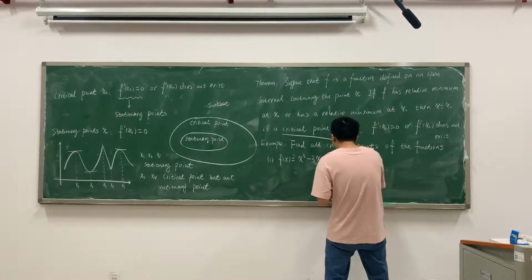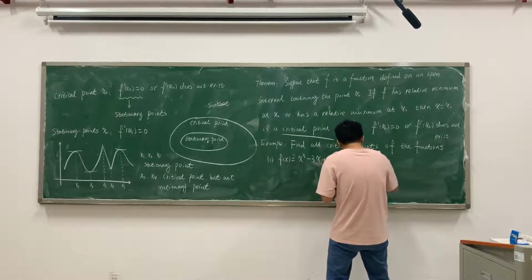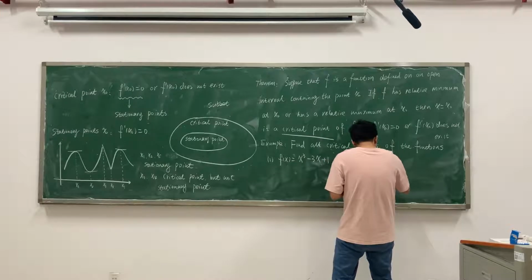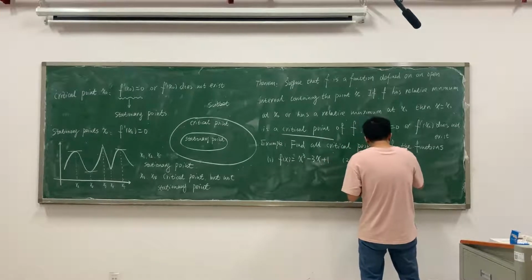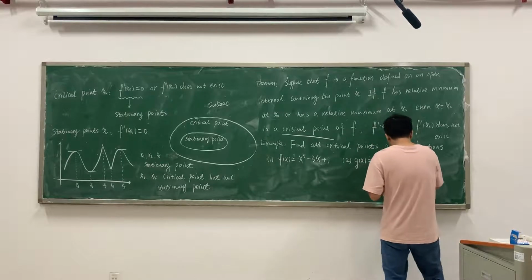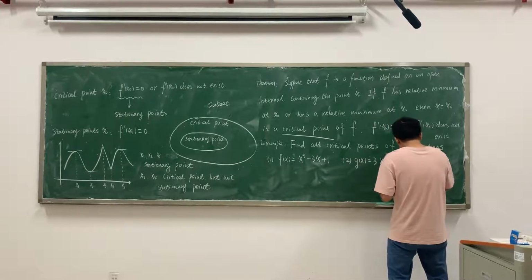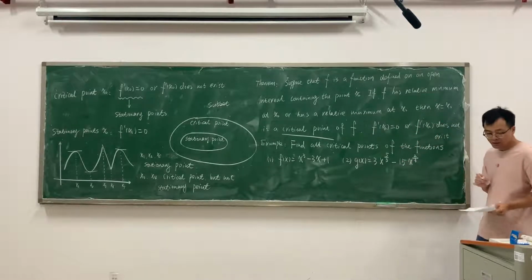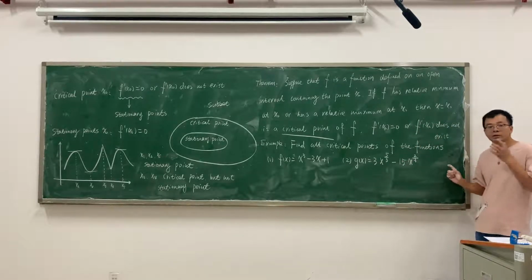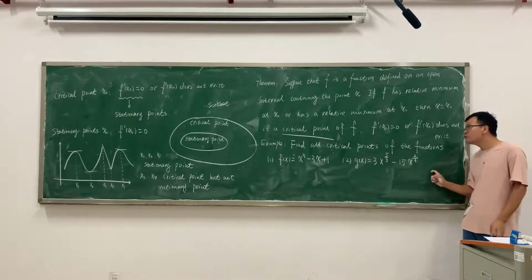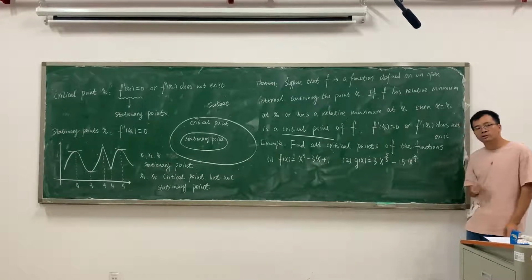The second function is g(x) equal to 3x to the power 5/3 minus 15x to the power 2/3. For these two functions, find all critical points.